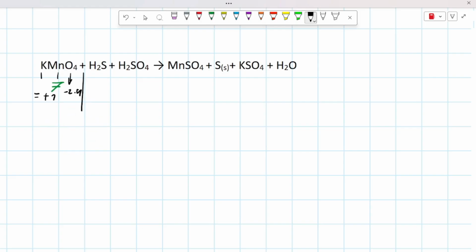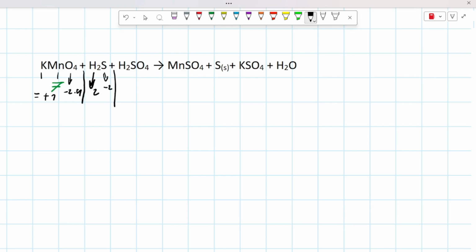So now we have H2S. H is +1, and since we have 2 of them, it will be +1 times 2, which is equal to +2. So the sulfur atom will have an oxidation state of -2, since the whole molecule needs to have an oxidation state of 0.